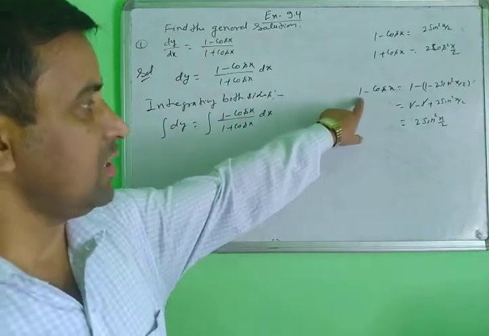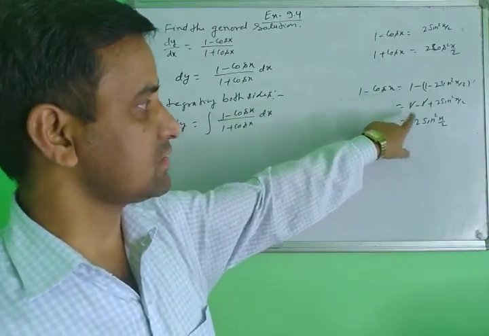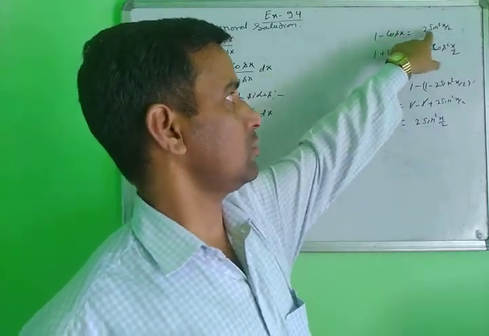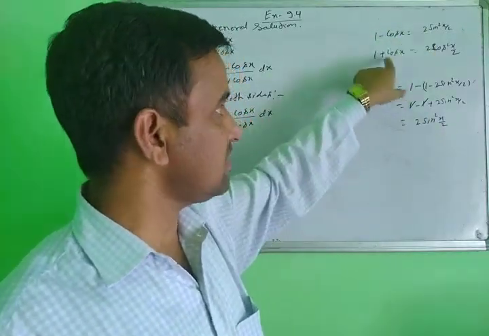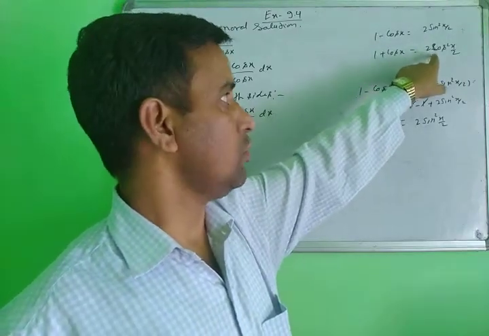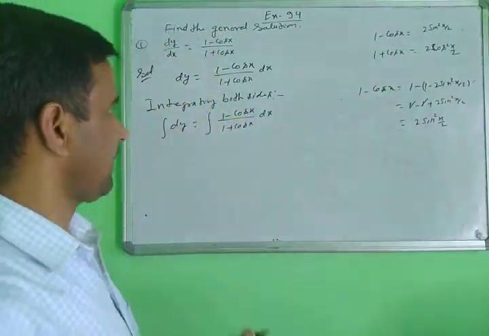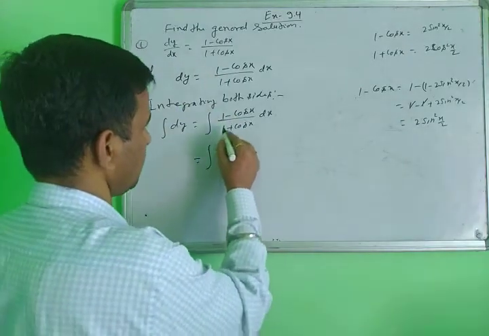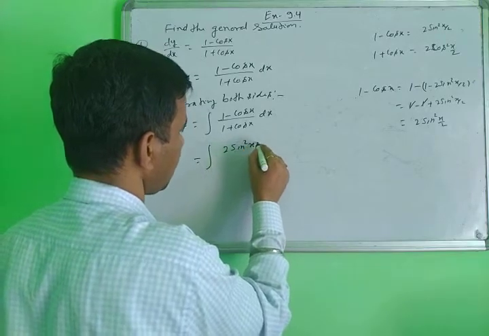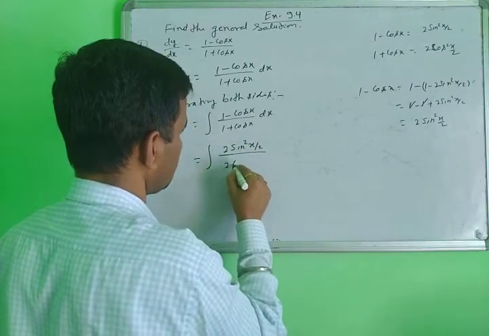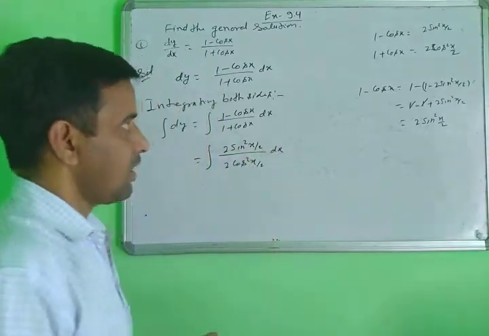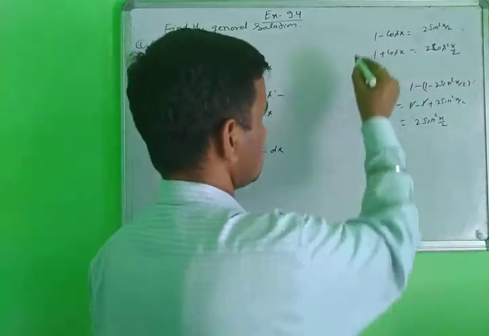Similarly, 1 plus cos x equals 2 cos square x by 2. Then 1 minus cos x upon 1 plus cos x means 2 sin square x by 2 upon 2 cos square x by 2 dx, using these two identities.